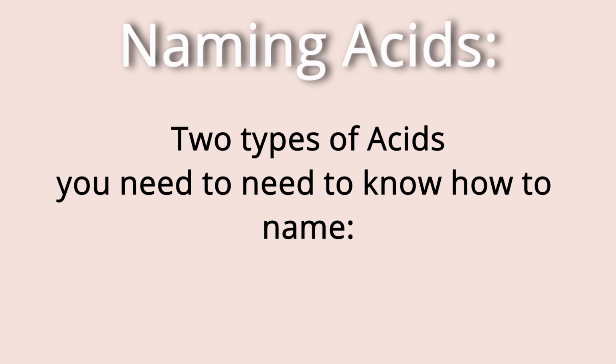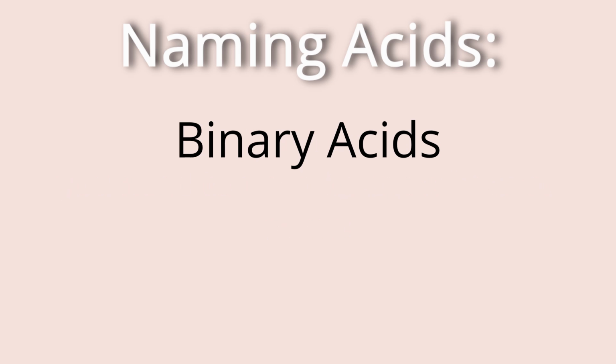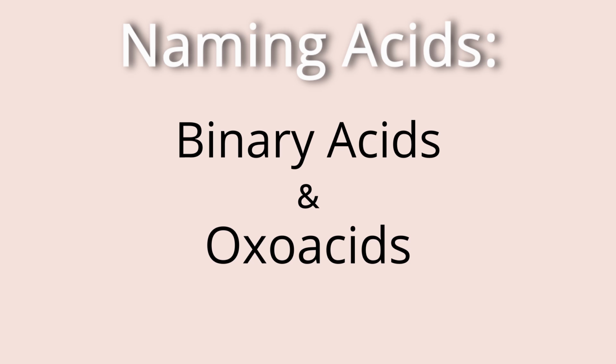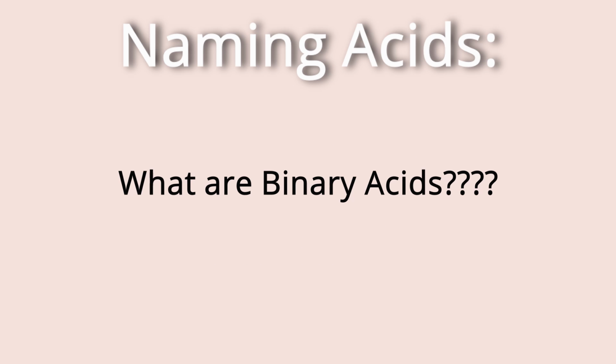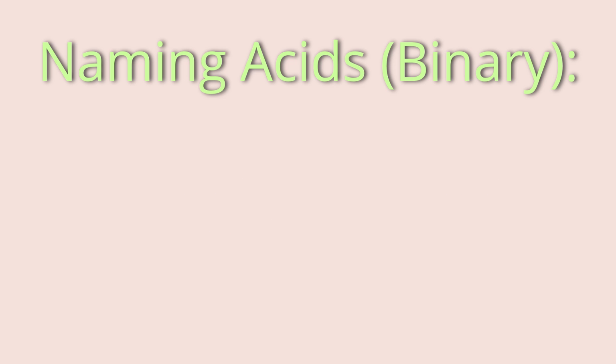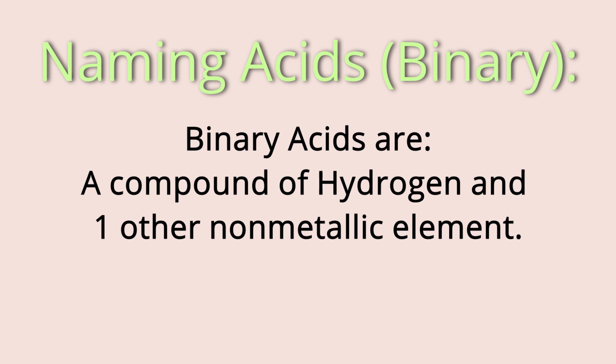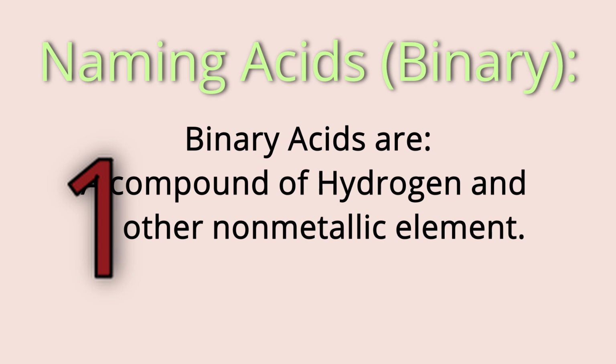So acids, there are only 2 types of acids that you need to know how to name: binary acids and oxoacids. Now, you may be asking yourself, what are binary acids? Great question. Binary acids are a compound of hydrogen and one other non-metallic element.